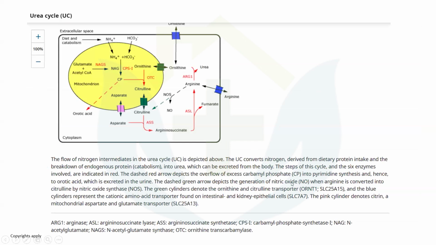Okay, this picture is the urea cycle pathway. We see that here is the ammonia, and ammonia with the bicarbonate forms this, and we can see that it forms citrulline, and then with ornithine it goes from citrulline to argininosuccinate, and then from there arginine, and finally urea is formed.